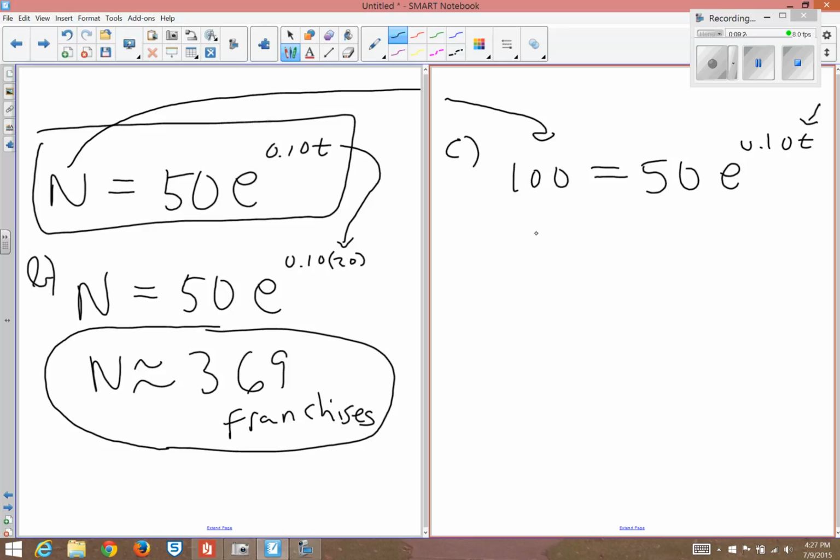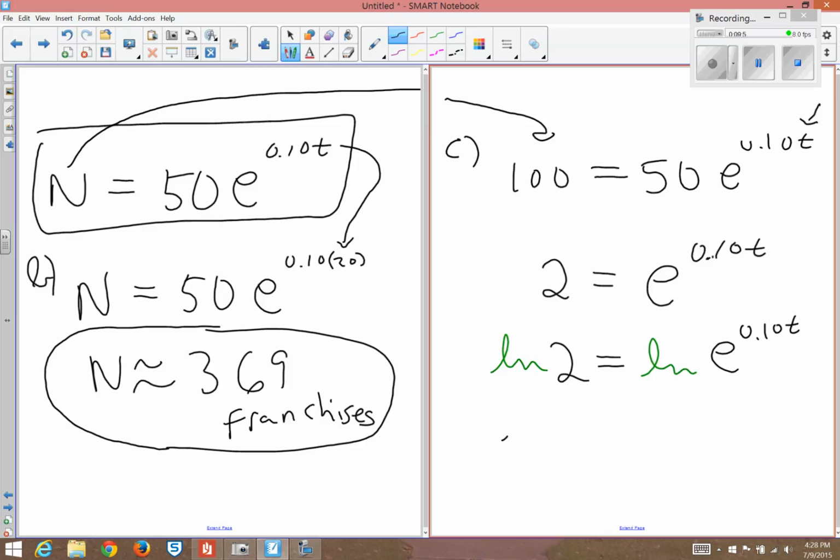We solve this equation by dividing both sides by 50. So the 100 became a 2, and this side, the 50, canceled. Now we take the natural log of both sides. We say the natural log of the left side has to equal the natural log of the right side.